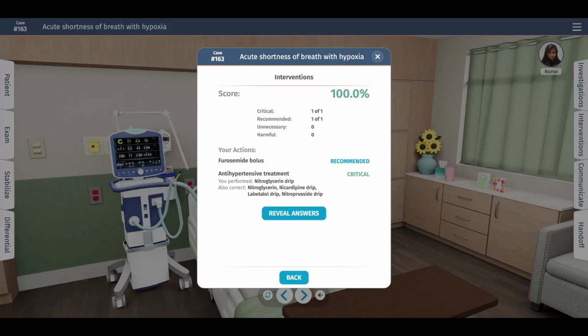Now, the nitro helps because whenever you introduce positive pressure into the circuit, it changes your hemodynamics. You have more pressure, more resistance against your left ventricle. It changes your RV afterload status.